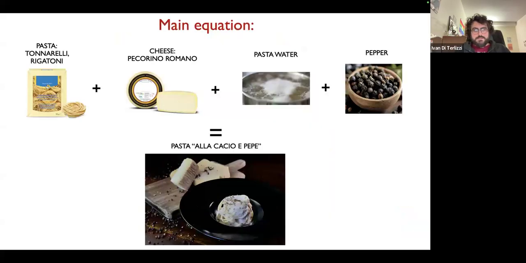So let's get some hardcore mathematics here and present the fundamental equation of cacio e pepe, which of course involves some pasta.